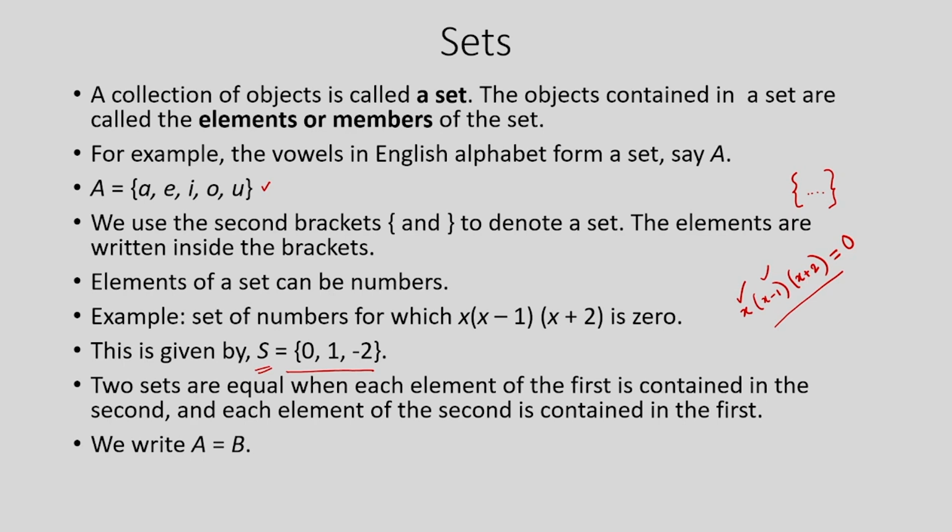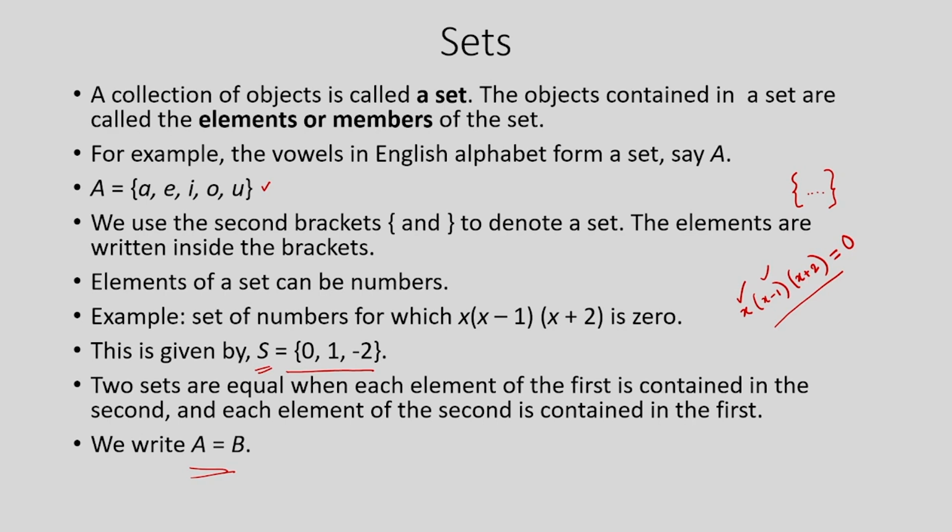Two sets are equal when each element of the first is contained in the second and each element of the second is contained in the first, and we write A is equal to B. This is the property that must be satisfied by two sets if they have to be equal sets: if I pick up any element from the first set, then that element is there in the second set as well, and vice versa.